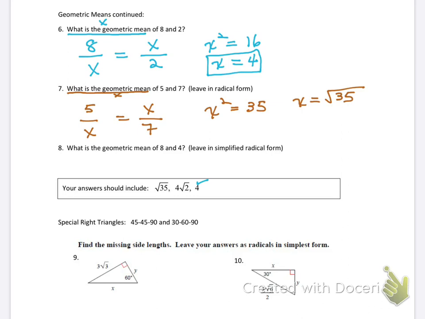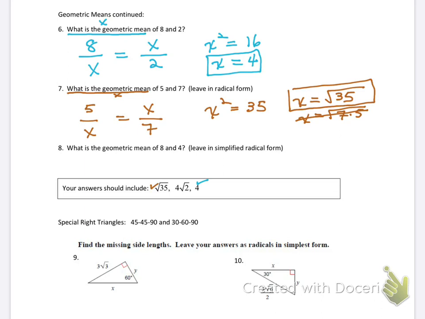Okay, now you should try to reduce this. So let's see what happens when I try. I get 7 times 5 as the factors. Those are both prime. I can't do anything else, so there's no need to do this step. And my final answer is x is radical 35. And that's right here. Okay, go on to one more.